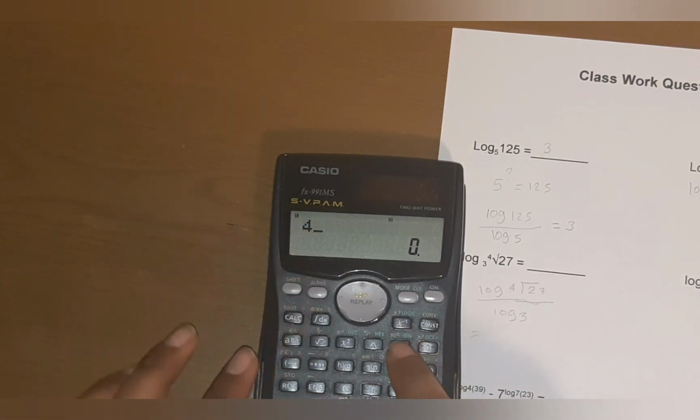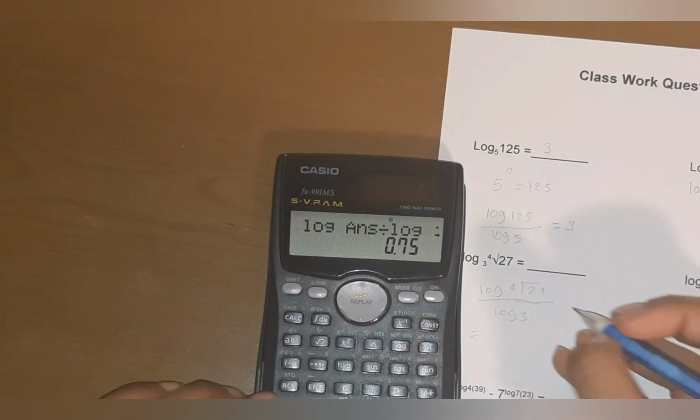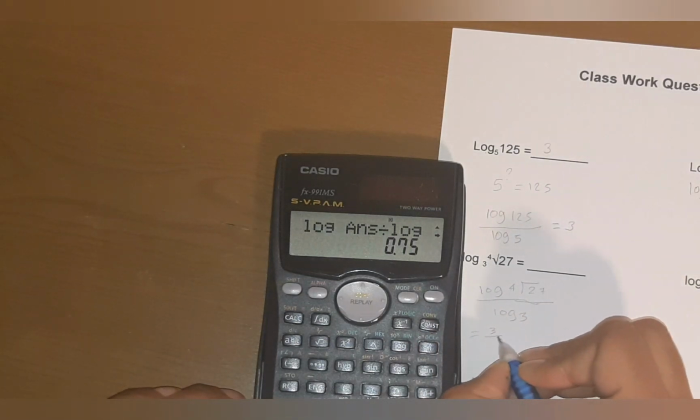We take log of this answer and divide it by log of 3, and we get 0.75, which is the same thing as 3 over 4.